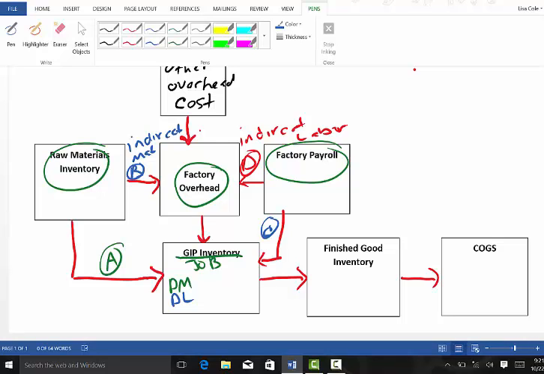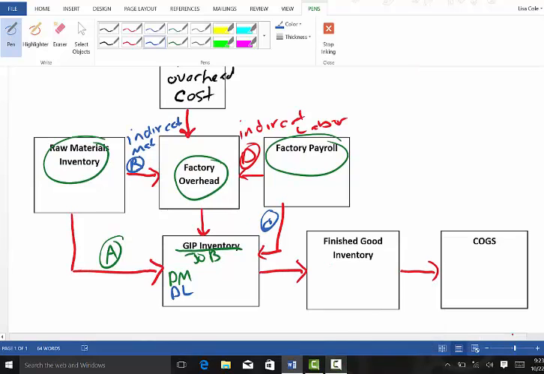And then we would apply our overhead. And that was our E.